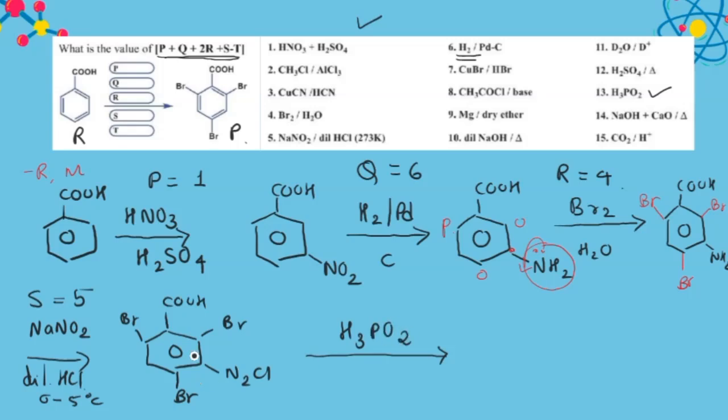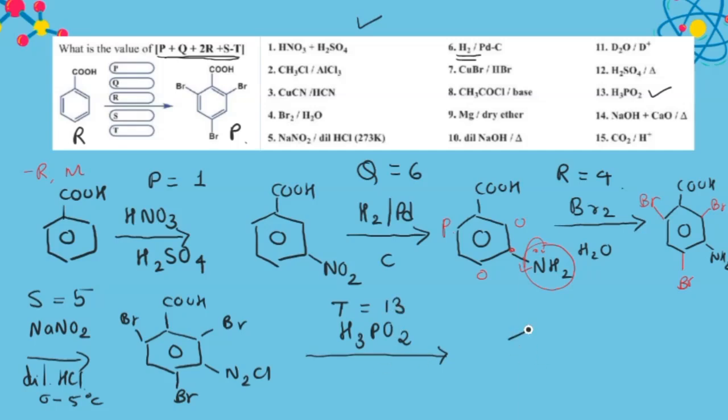What are the applications of the diazonium salt? You have to remember, okay? How to replace this N2 by H, by chlorine, by say OH, all these conditions you should memorize, all right? So what is the value here for T? The T is 13, right?